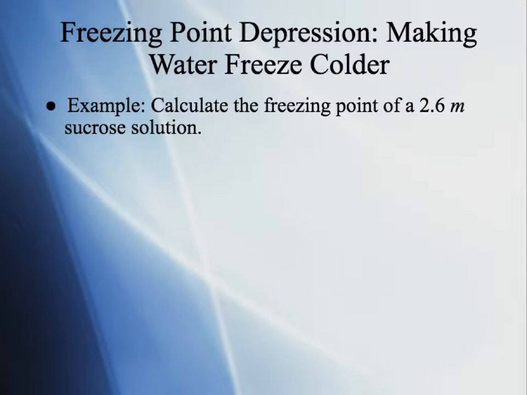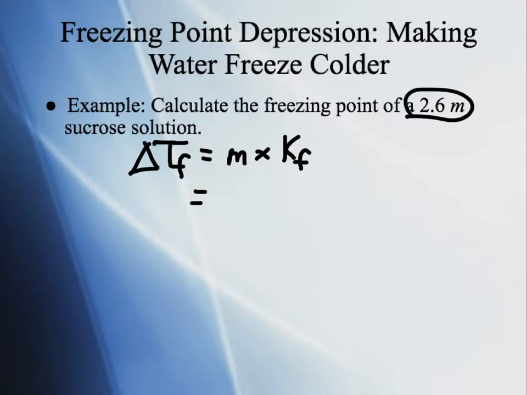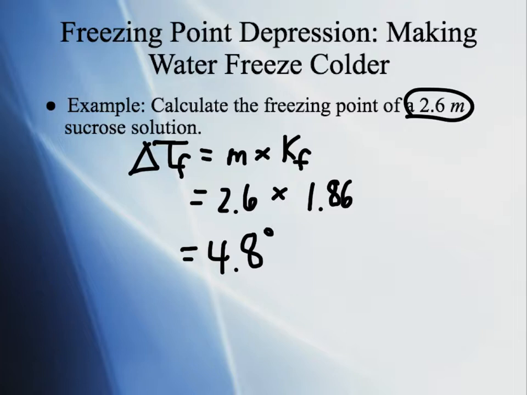Calculate the freezing point of a 2.6 molality sucrose solution. Again, we're going to use this equation, m times Kf. Super easy. Here's our molality, and we said the Kf for water is 1.86. So what we get is 2.6 times 1.86, and that's going to be 4.8 degrees Celsius.